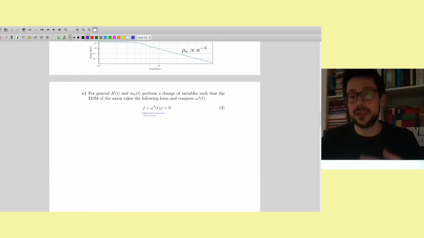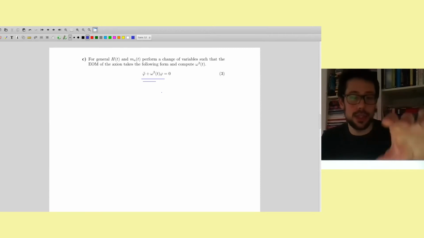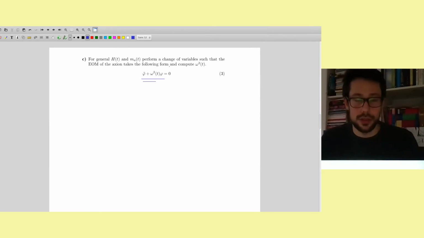With this, it is way easier to use the so-called WKB approximation, or the adiabatic approximation, that we have all used, I don't know, to compute tunneling or also for the harmonic oscillator. But I think I'm going to skip this exercise because it will be more useful to look at the next ones. I can give you the answer later on if you're interested.